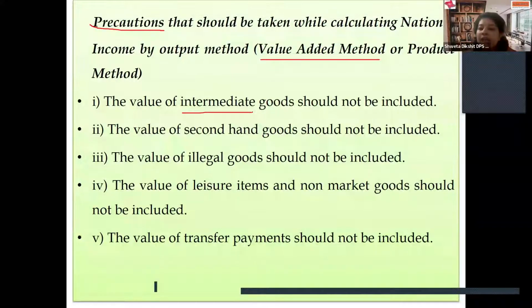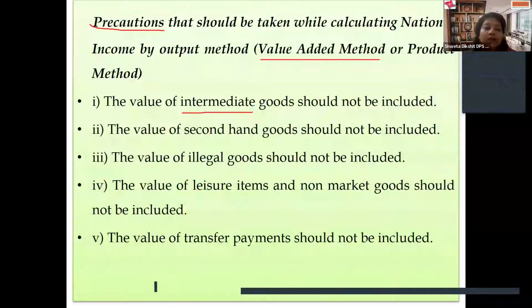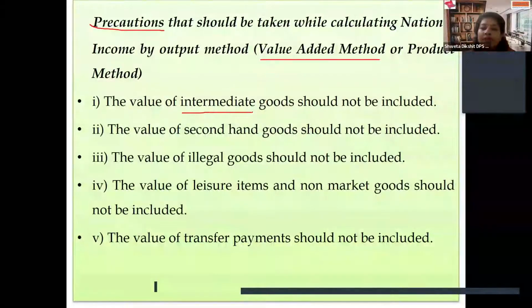For example, if I am producing a bottle of perfume, which cost me 1,000 rupees as the final good value, I added 1,000 into national income. On the other hand, the ingredients I put in perfume, along with the machinery I used, the energy or power I used, or the labor I hired, they all valued differently, 100, 200, 150.